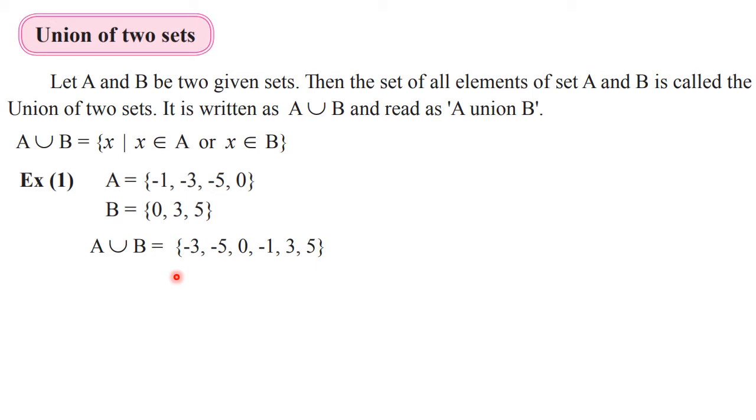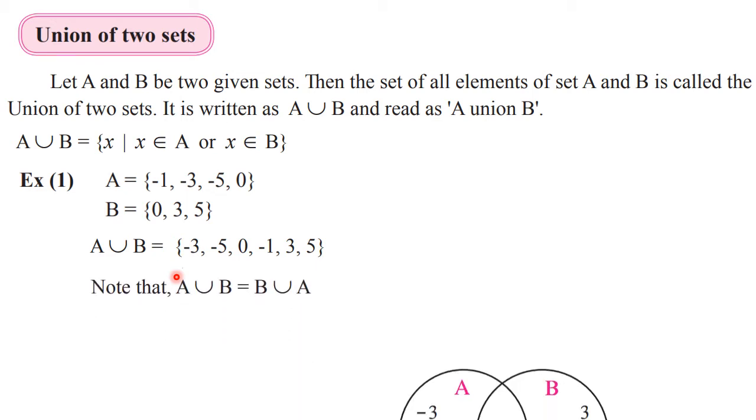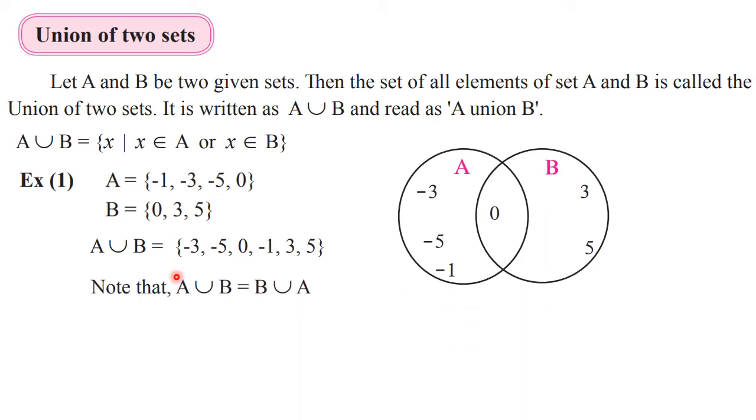Now if we want to represent it by using a Venn diagram, then we can do it like this. See here, an element is common, and that is why we are drawing two intersecting circles, because 0 is a common element here, which we will show in this intersection part. Then the remaining elements of A, that means -3, -5 and -1, we are going to write here, and the remaining elements of B, that means 3 and 5, we will write here.